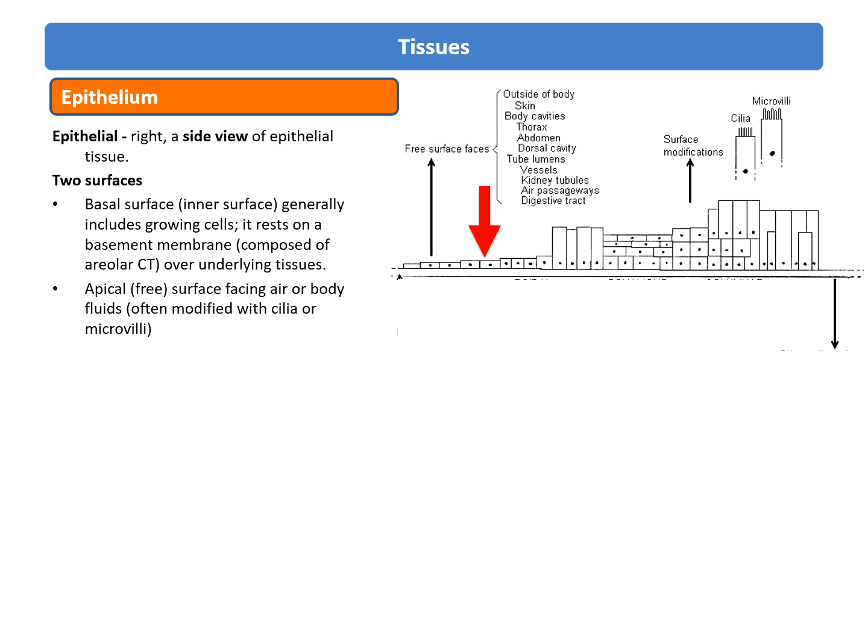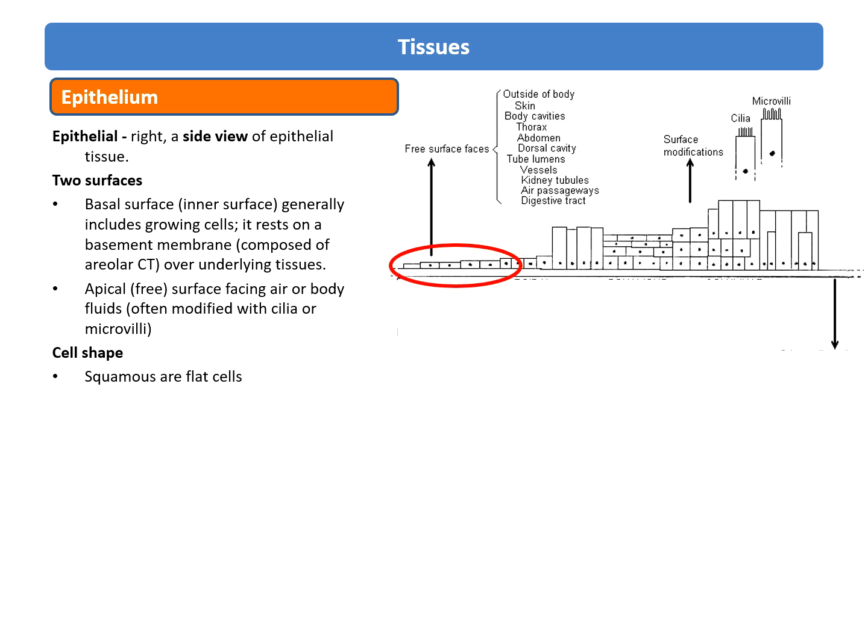It's often modified with cilia or flagella. There's a microvilli, another modification. There are cilia. And here are examples: the outside of the body, skin, body cavities, tube lumens. What is a lumen? It's the inside of a tube.